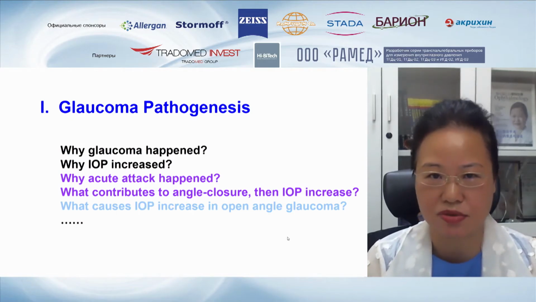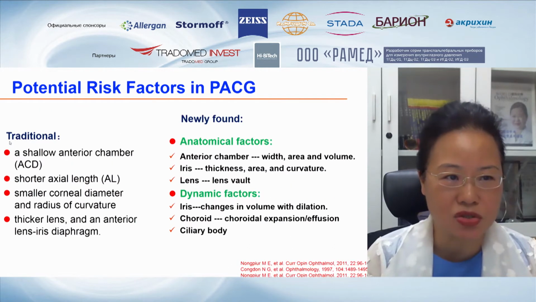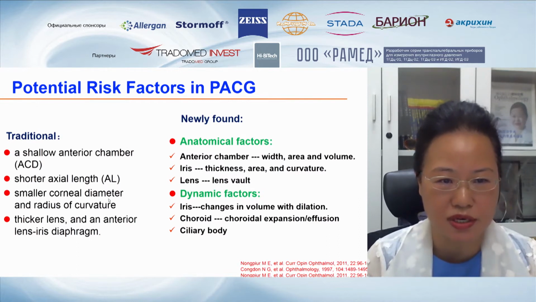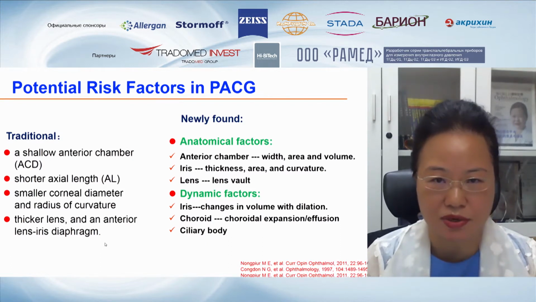Besides traditional risk factors, a shallow anterior chamber, short axial length, small corneal diameter and radius of curvature, lens thickness, and anterior iris diaphragm, there are newly found potential risk factors for PACG, including anatomical factors and dynamic factors, such as iris, choroid, and ciliary body.